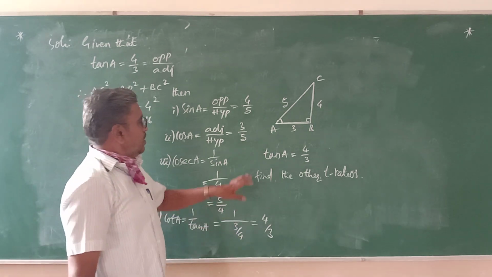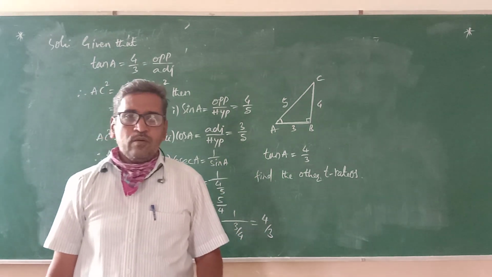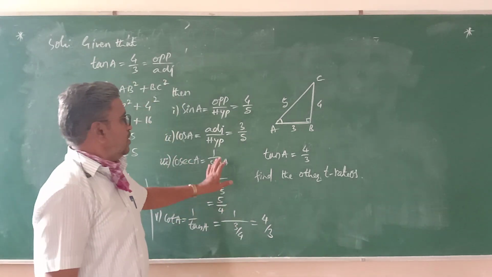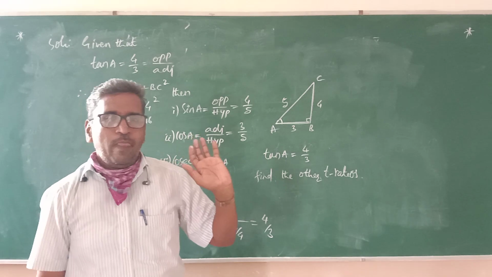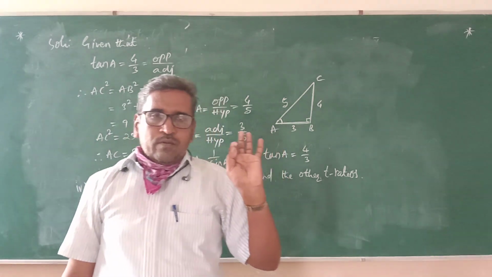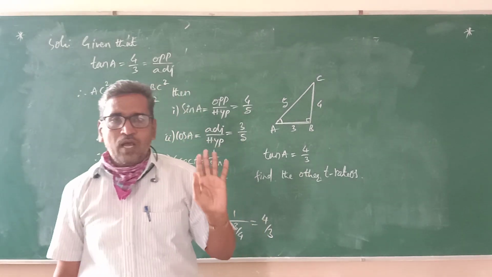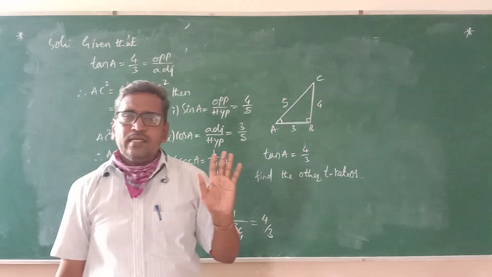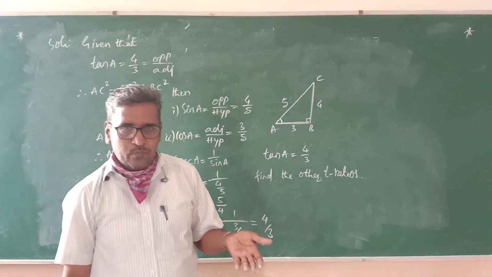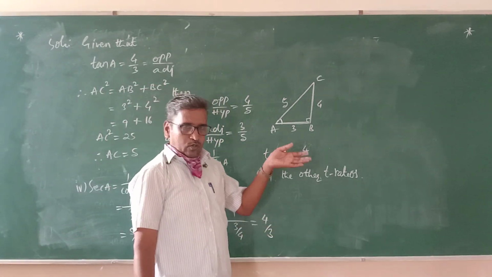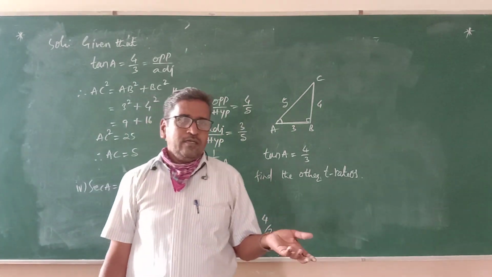In this way, we find the values of trigonometric ratios. Simple. You have to remember the trigonometric ratios. Sine is opposite upon hypotenuse, where angle A is mentioned. Cos is adjacent upon hypotenuse. Sine upon cos is tan, which means opposite by adjacent.